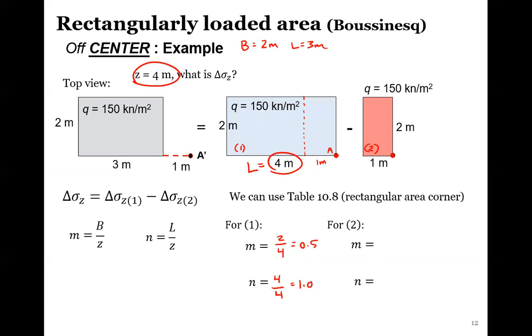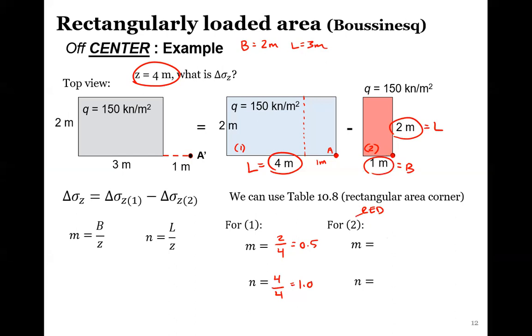So now for 2, the second, the red one, our M is L divided by Z. What's our L now? So our B is now 1. So this is now our new B, and this is our new L. Because of the geometry, we have to switch that.